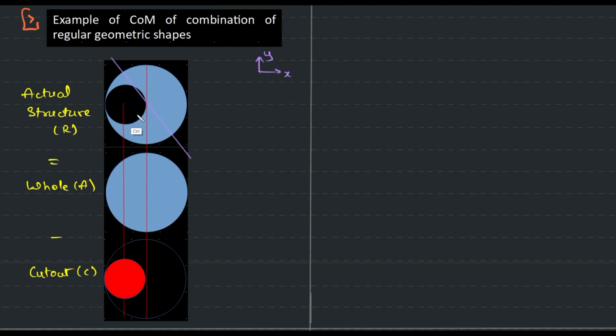What about this line? On the left, we have an empty space. On the right, we don't have. Again, it's not a line of symmetry. But if I had a structure like this and the cutout like this, then it would have been a line of symmetry. Then what about the next obvious one?